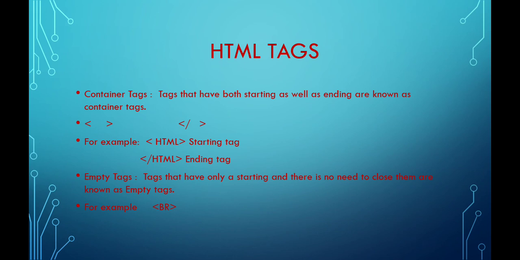For example, html means the starting tag, and /html means this is the end of the tag. Empty tag means the blank tag. There is no need to close them. Empty tags don't need to be closed. For example, br.